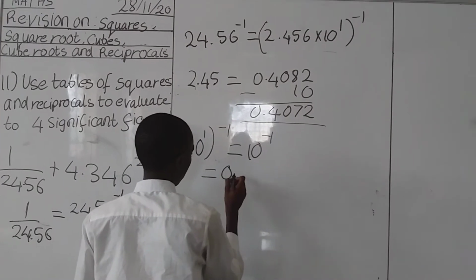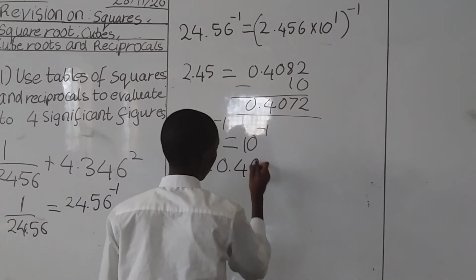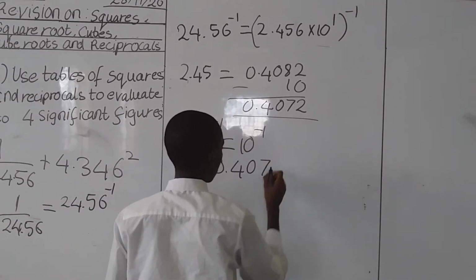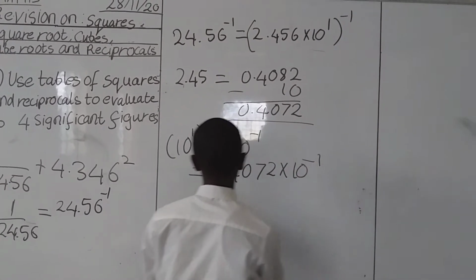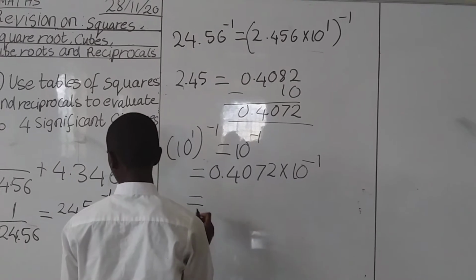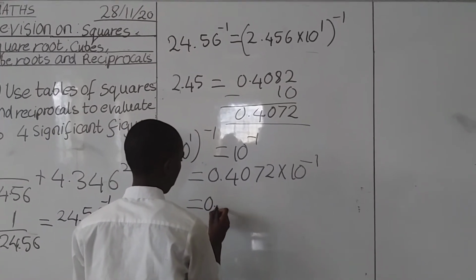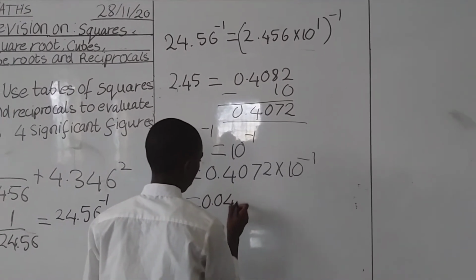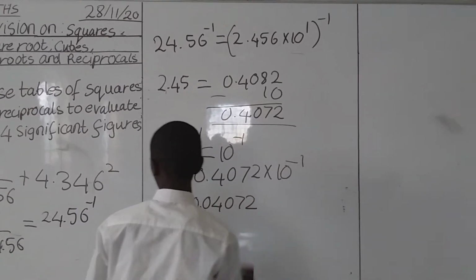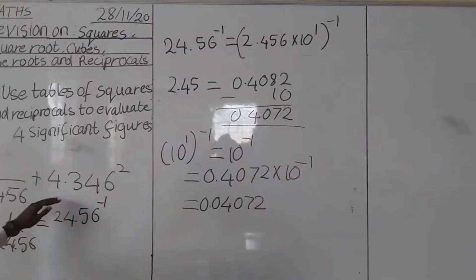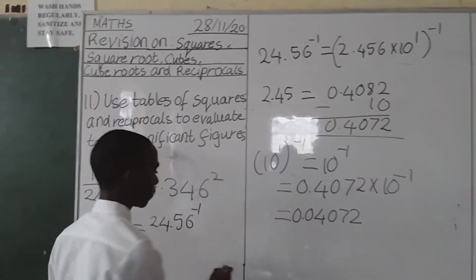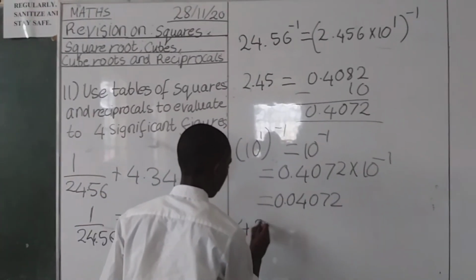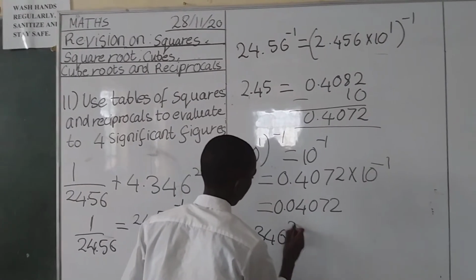To finish off with finding our reciprocal, 0.4072 times 10 raised to power negative 1. Therefore, the reciprocal is 0.04072. To continue with the next part of our question, we have 4.346 squared.